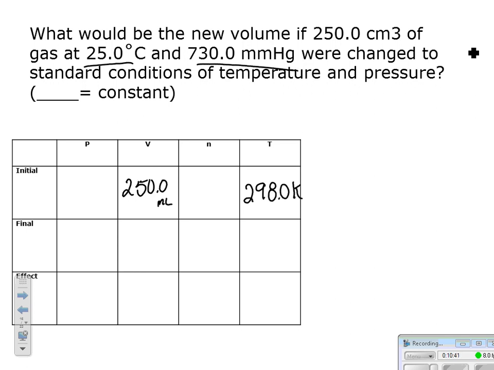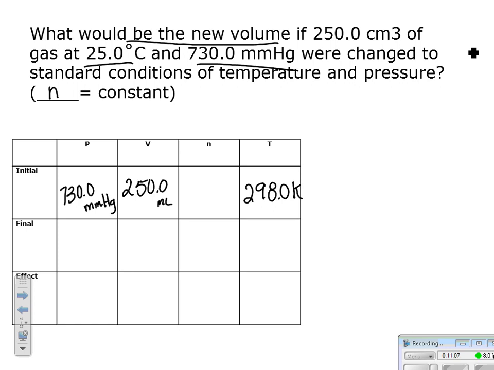And it's at 730 millimeters of mercury pressure. The amount of the gas here is going to be held constant. So it's in a container where there are no leaks. It's been trapped. And it says, what is the new volume?